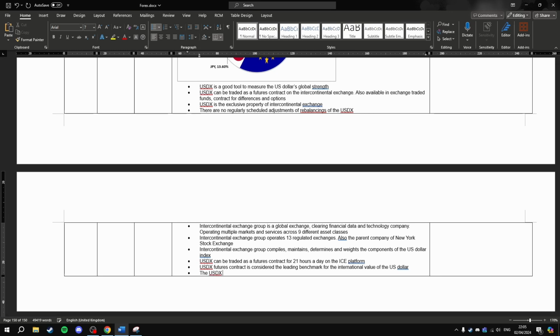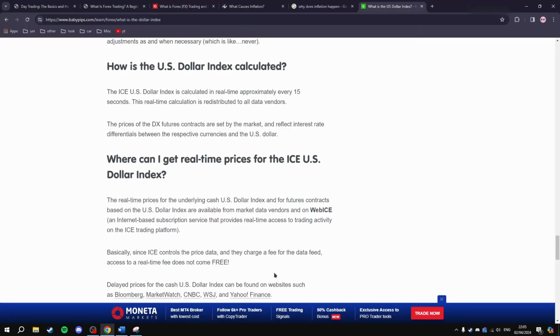The USDX is calculated in real time approximately every 15 seconds.